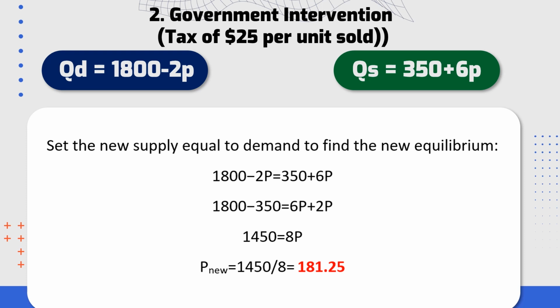What has been influenced by the government is the supplier. So we just equate these two equations and receive the new equilibrium price of $181.25. That's how the taxes are working. They increase the price so less people can afford this, which motivates people to give up the idea of purchasing this kind of product. Again, cigarettes, alcohol.